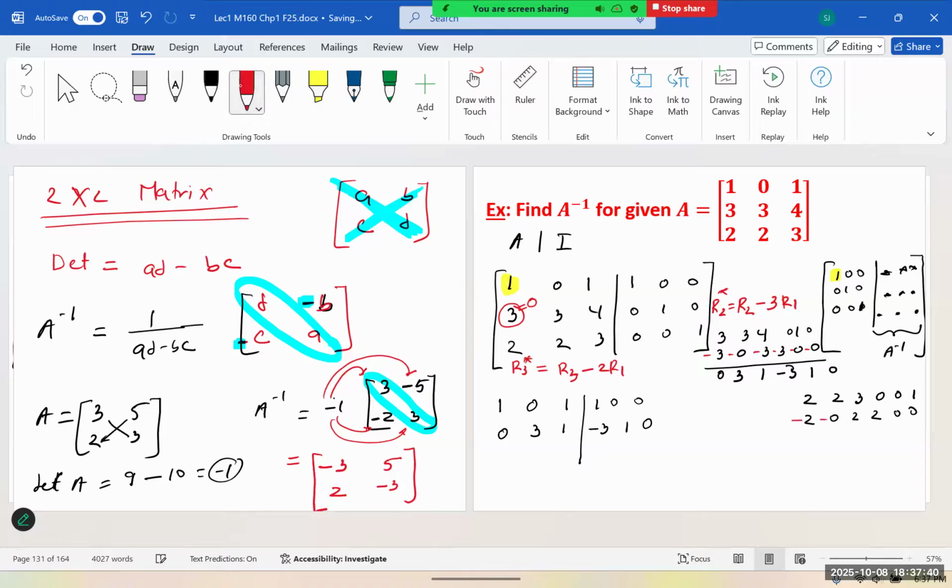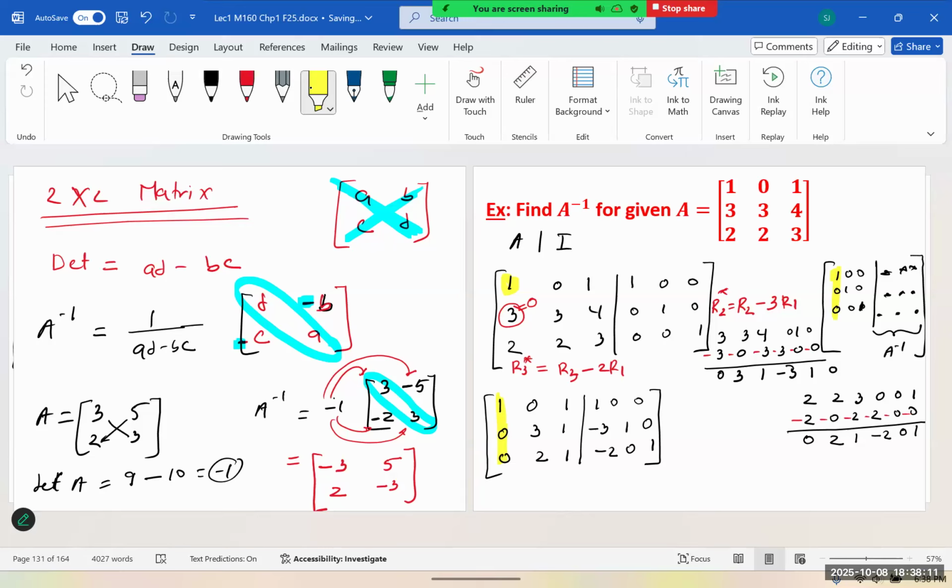And when you subtract, all the signs change. So we got 0, 2, 1, negative 2, 0, 1. And we are very happy because the first entire column is the same as the identity matrix.